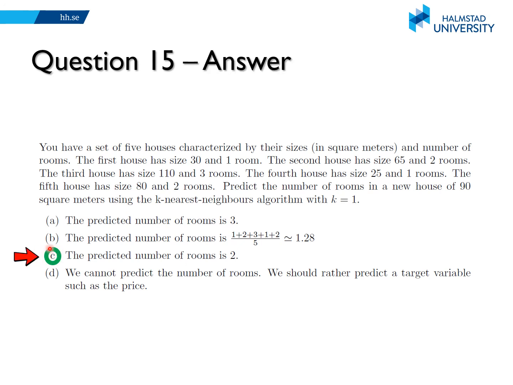And the correct answer is C, because you are given a house which has size of 90, and the nearest neighbor or the closest size is this house which has 80. And the number of rooms of this house is 2, so we predict 2 for this one also.